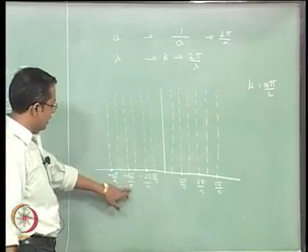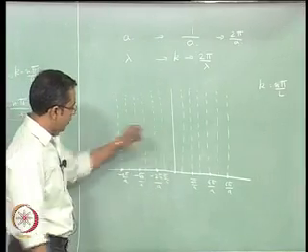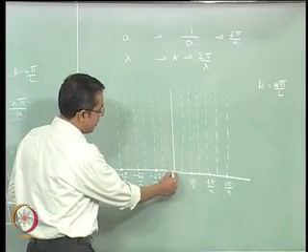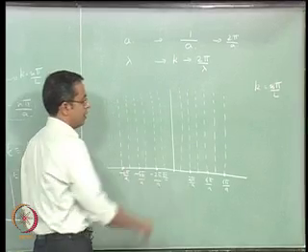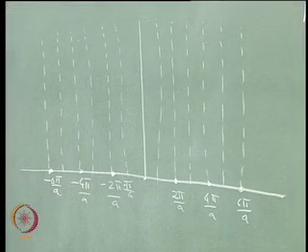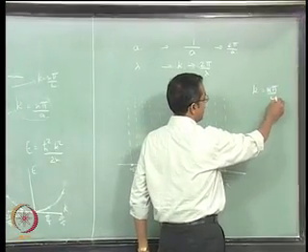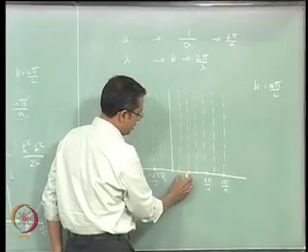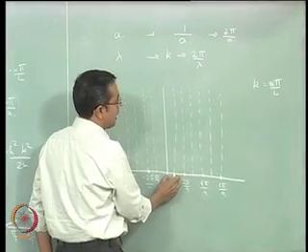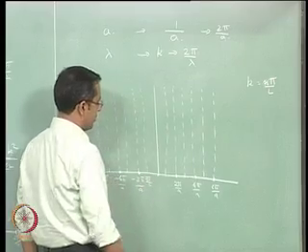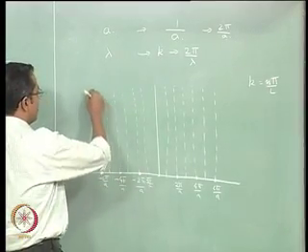Drawn to this scale, because L is very large, you will have several values of n pi by L between 0 and pi by A. A is a very small number, we did just discuss that, therefore pi by A is a very large number, which is up to here, and pi by L is a very small number, so you will have several points between this and this.